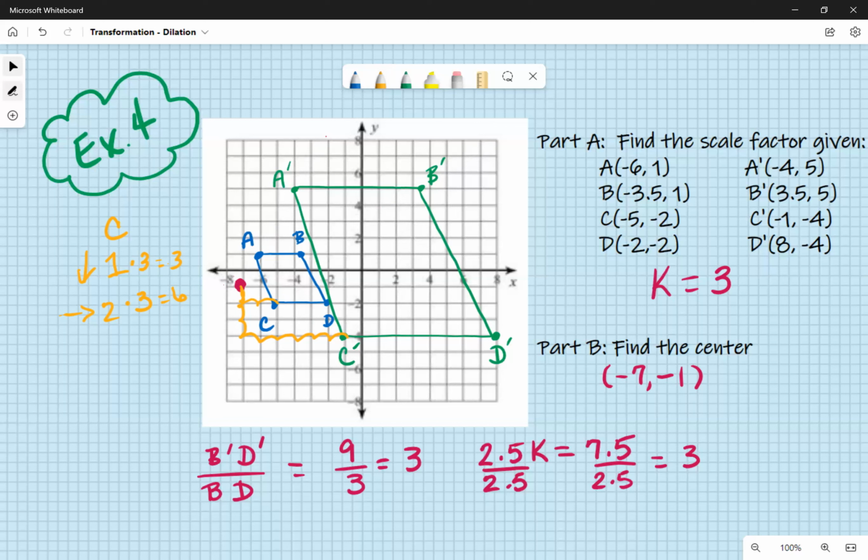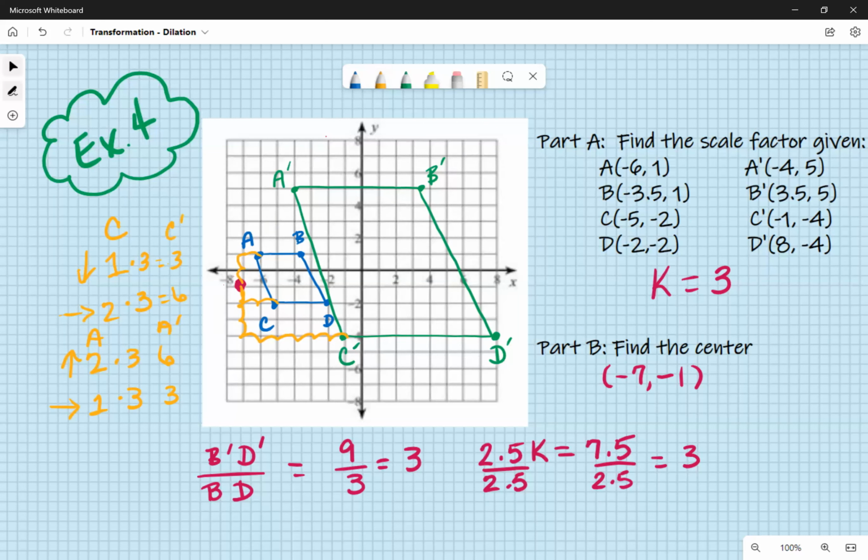Let's try A. So for A, from my center, I had to go up 1, 2, and then I had to go over to the right 1. And I have to be specific. My scale factor is still 3. So if that's the case, I'm going to have to go up 6 and then over to the right 3 to get to my A prime.